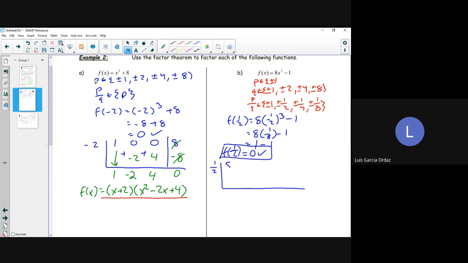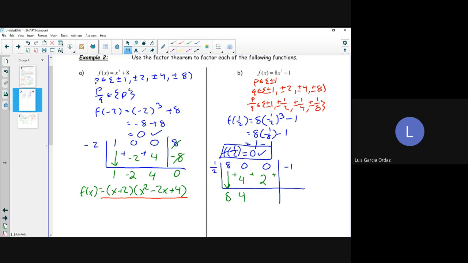So we have 8, 0, and 0 because we don't have an x squared or an x. And our final one is just minus 1. So we're going to drop the 8. 8 times 1/2 is just going to be 4.